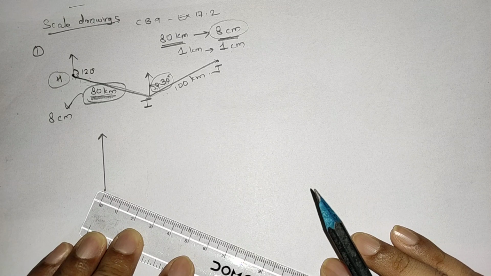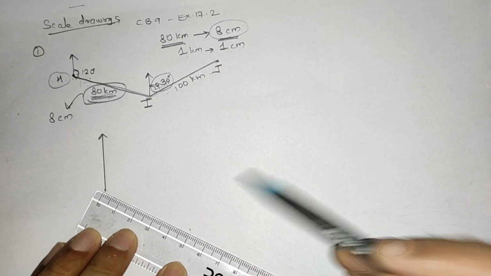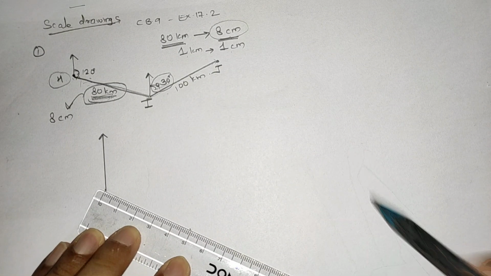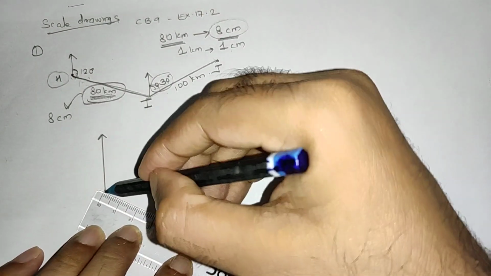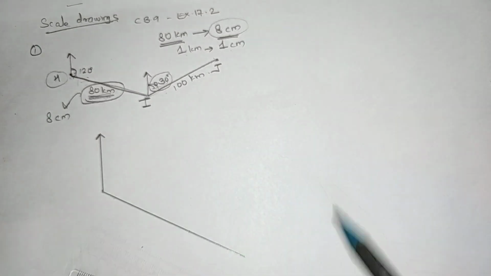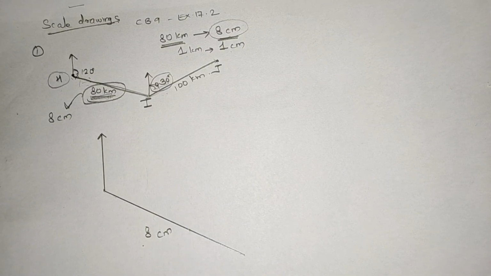Or else you can use a protractor. Make sure that these 2 points lie on the ruler. So from 0 to 8. So this is 8 cm on the scale.